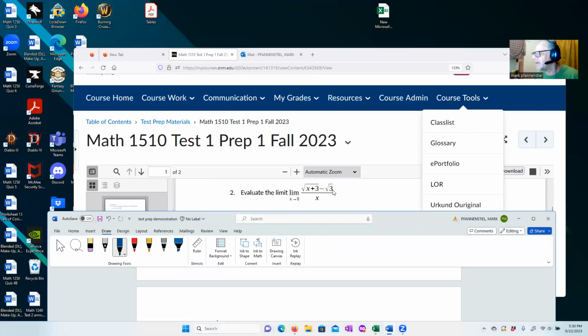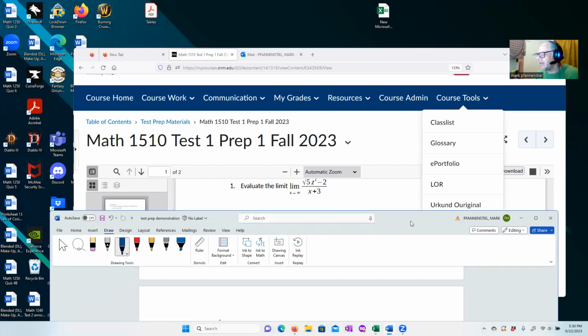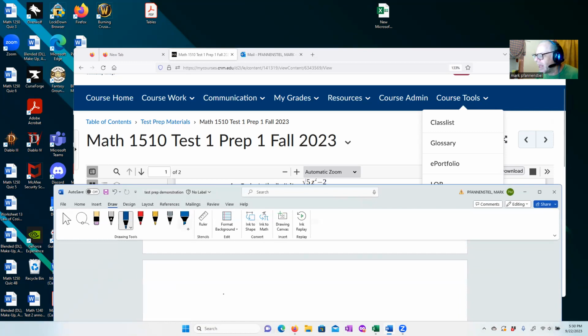Just going to write the problem down. Square root of x squared minus 2. Okay. So we have the limit. What are we approaching?